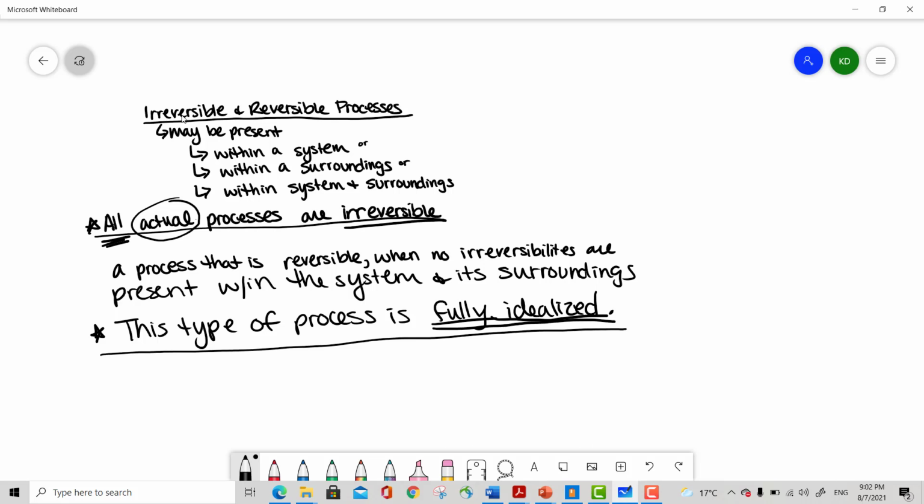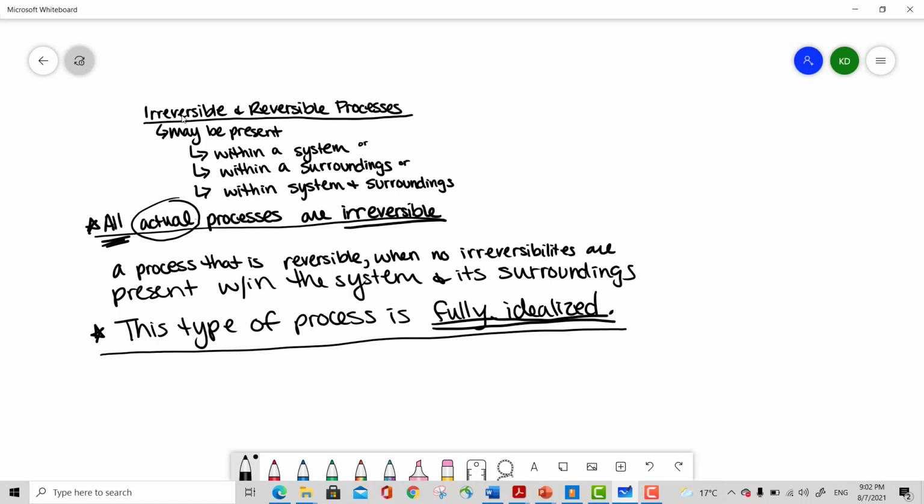So this is obviously just not attainable. That's why we say all actual processes are irreversible. So that's how we know that all real world processes are irreversible. And whenever we look at a reversible process, we know that we're only looking at it from an idealized point of view.